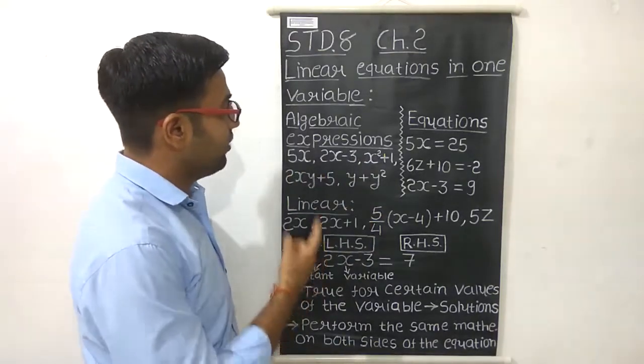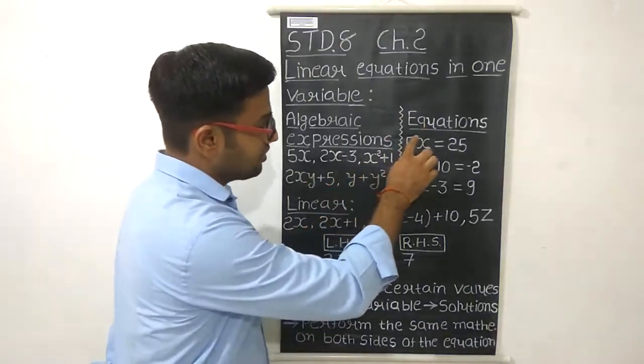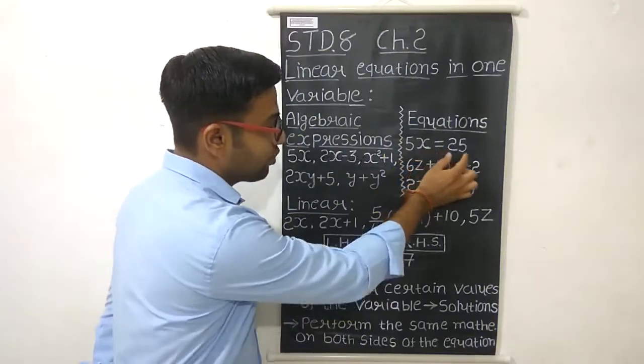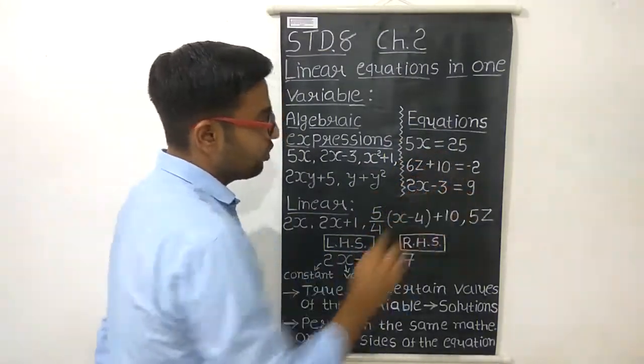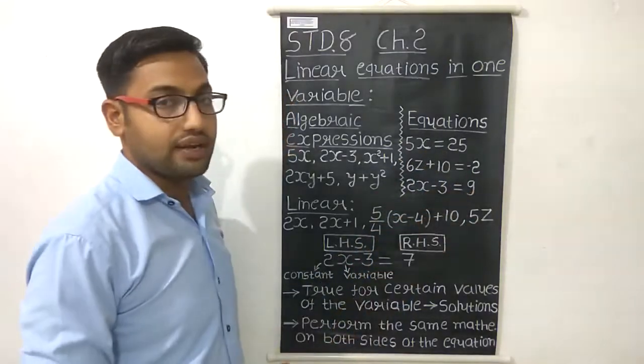Now we have to understand what equations are, right? Some examples of equations are 5x is equal to 25, 6z minus 10 is equal to minus 2, 2x minus 3 is equal to 9.